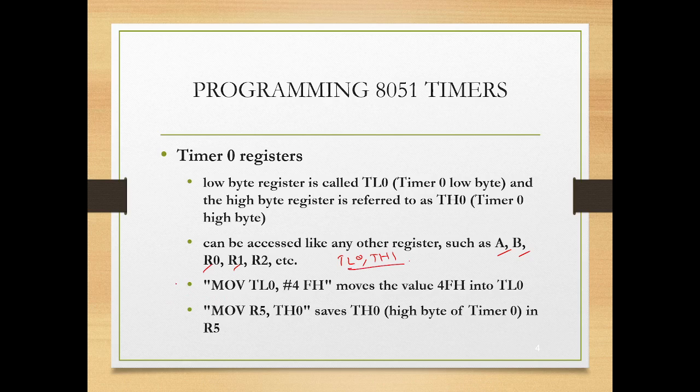Take for instance MOV TL0, #4F. The data 4F will be moved into TL0. On similar basis, we can use this instruction also: MOV R5, TH0. The value of TH0 will be moved into R5. So in this way, we can access the timer registers.